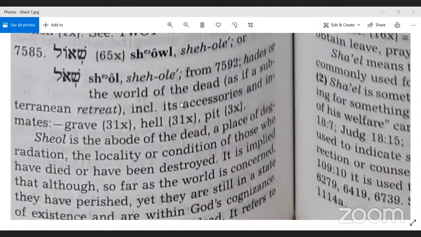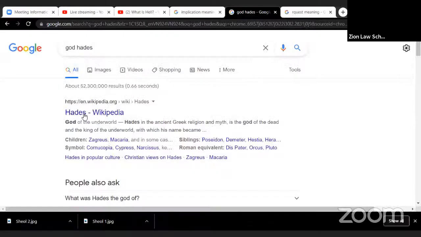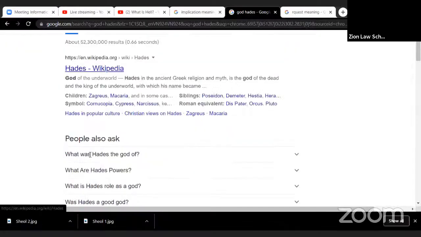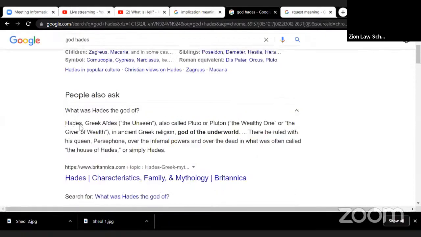Because Zeus' brother Hades was supposed to be the guardian of the underworld. I'm going to look it up so we can do it. A subterranean retreat. So let me pull it up. Okay, here it is. This is Wikipedia.